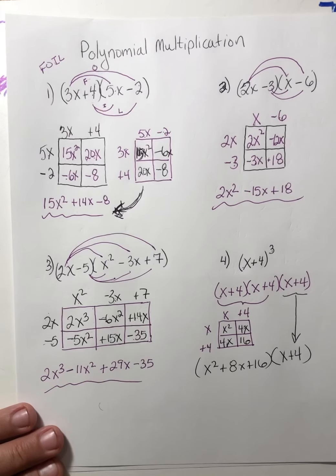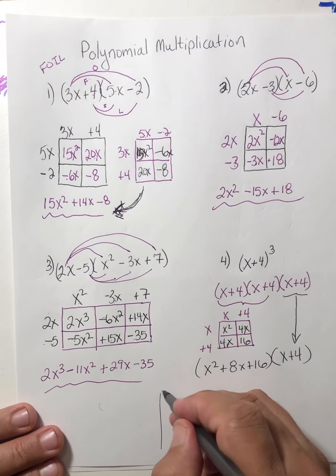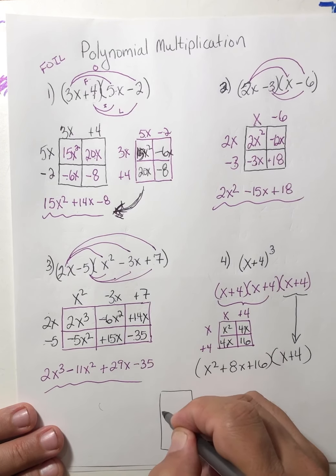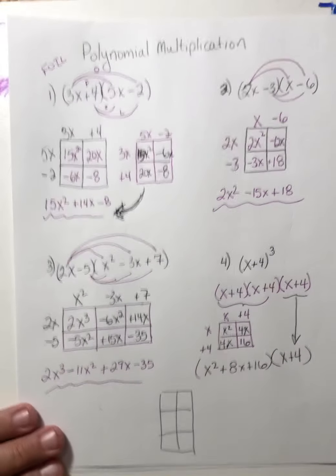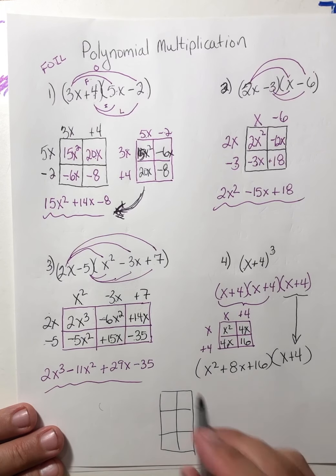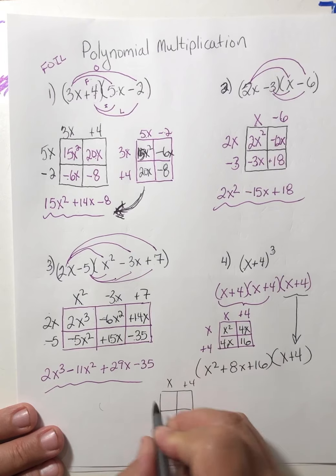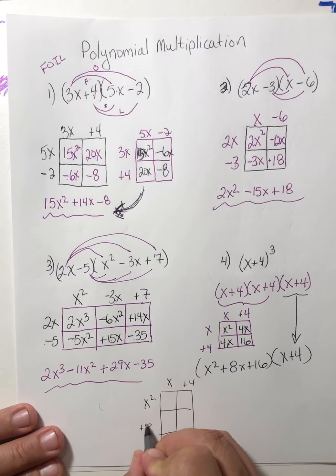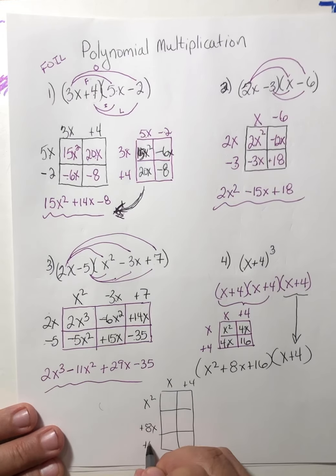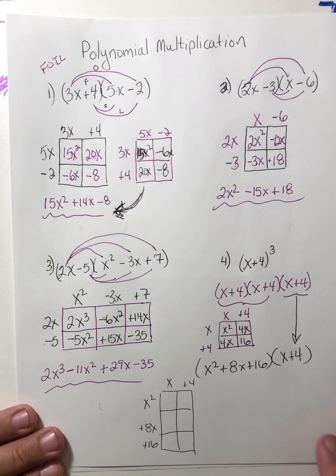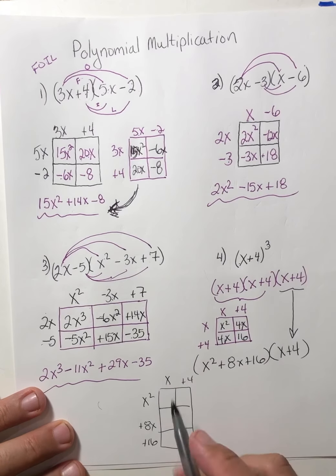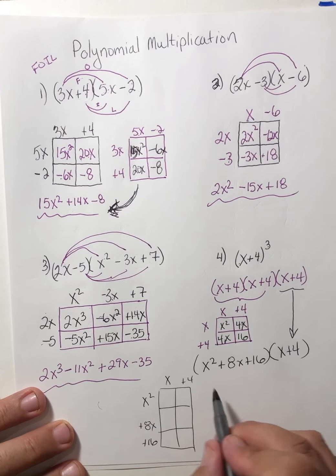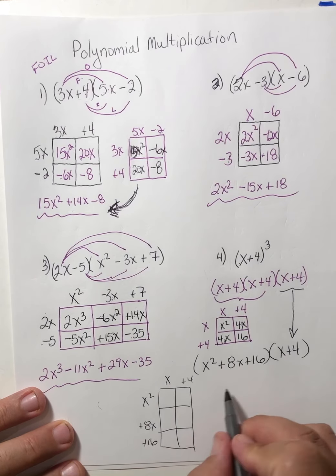By the way, you could do a grid this way if you wanted to. There's nothing wrong with it. You put x plus 4 here, and x squared plus your 8x plus your 16. I always seem to like doing this as 2 rows, 3 columns as opposed to 3 rows, 2 columns.